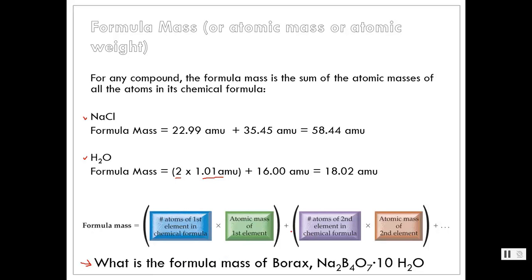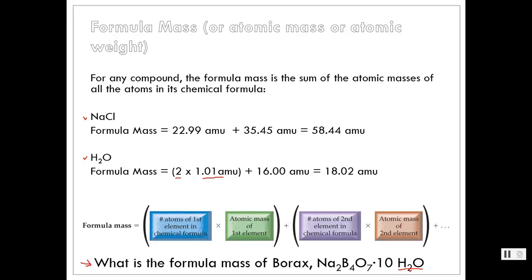I use this example in class for how to determine formula mass because, for several reasons, one of which is that this molecule is what's called a hydrate. Molecules that are hydrates have water molecules associated with them.